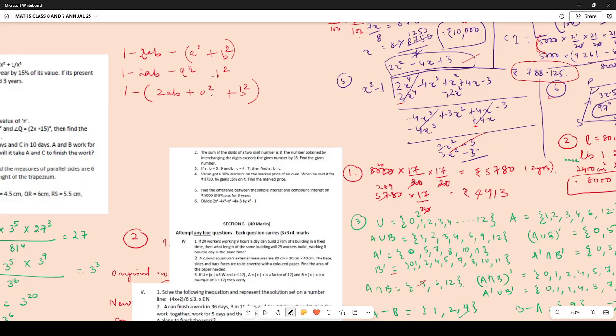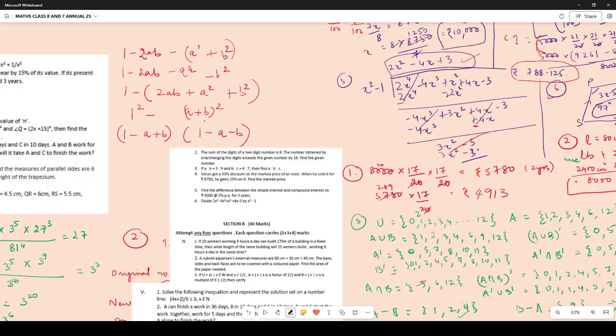Then you know that a square, this is the identity for a plus b whole square. Now it is 1 minus, so this is 1 square, now it is a difference of squares, so you get 1 minus a plus b into 1 minus a minus b, right?